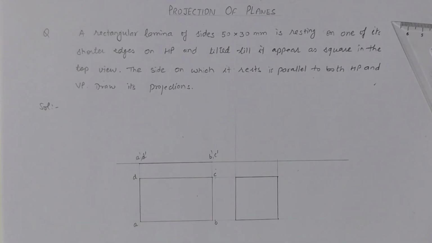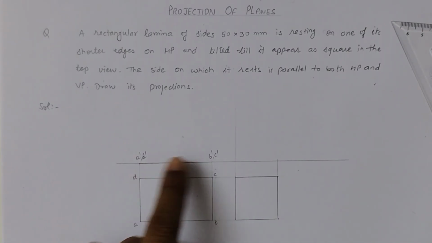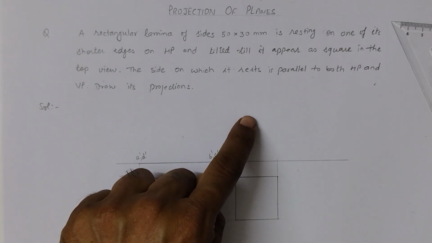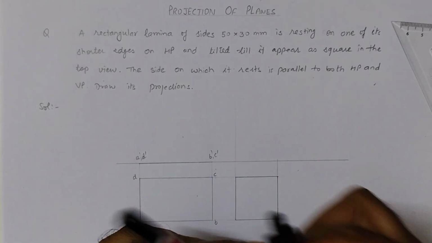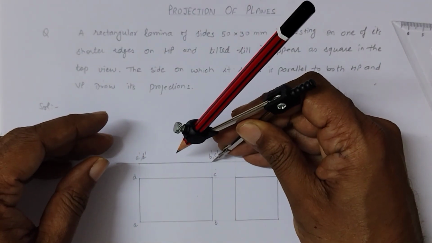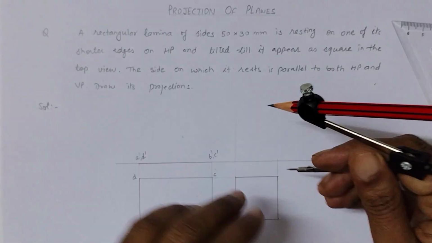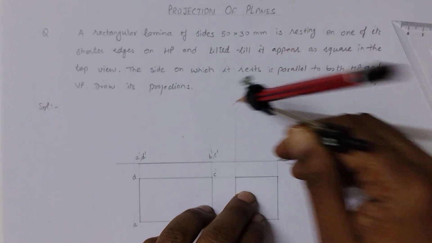Now we have to cut a distance equal to this front view on this side because it will appear as a square in the top view. So we will measure this distance with the help of the compass and mark it over here.